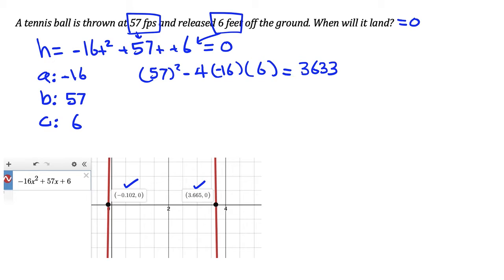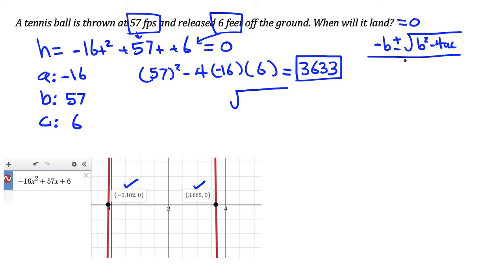So here we go. Take a look. All right, so that's the discriminant, right? So now we got to dump that into the square root part of the quadratic formula. What's the quadratic formula? It's negative b plus and minus the square root of b squared minus 4 times a times c all over 2 times a. So we already did this.